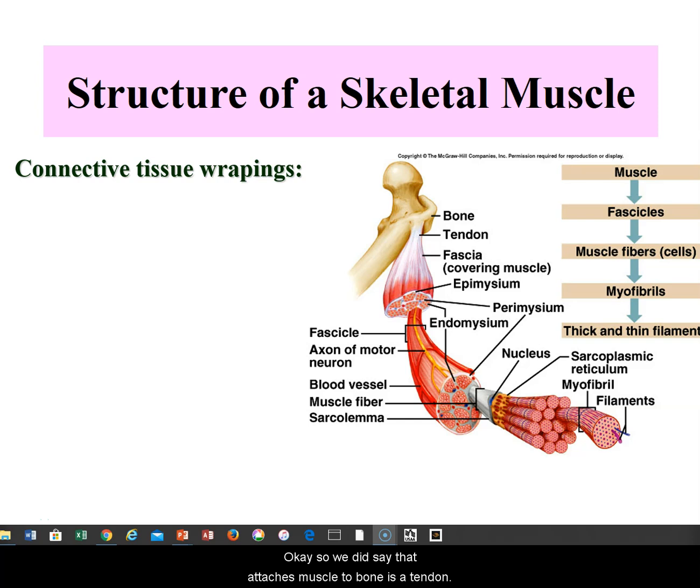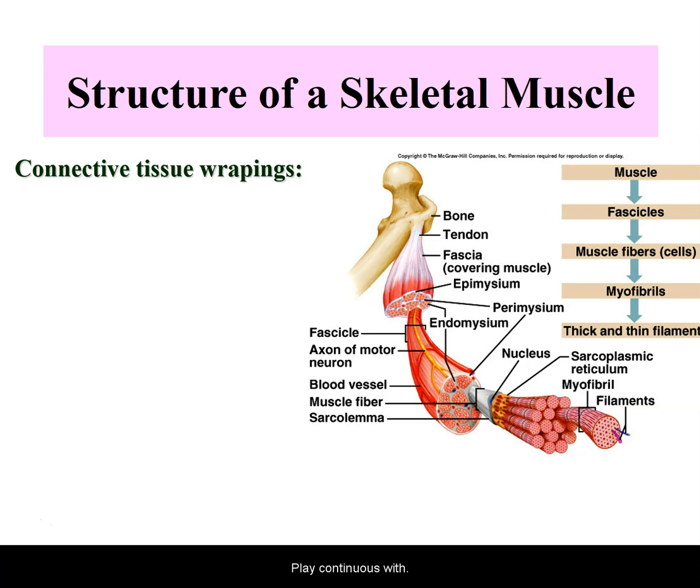So we did say that attaching muscle to bone is a tendon, and the tendon is continuous with the periosteum on the bone. It is like part of that periosteum, therefore part of that bone. So if you rip away this muscle, you're going to bring bone with it.